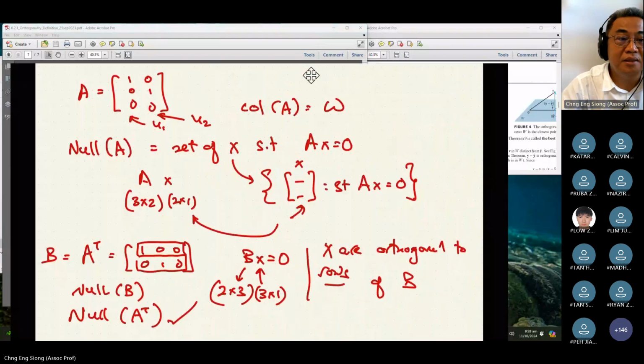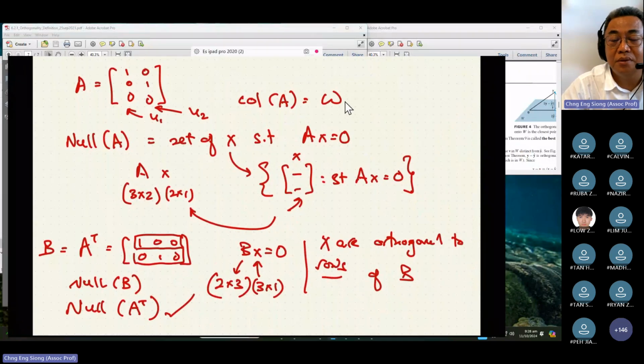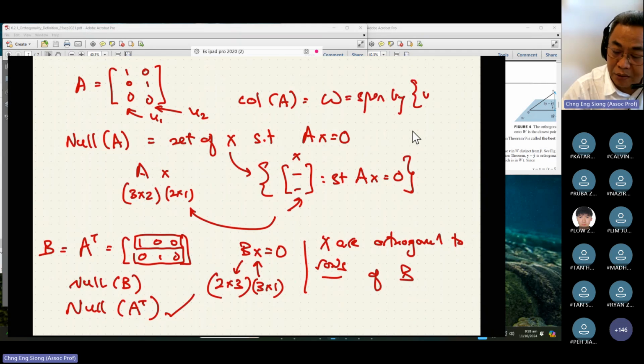Let's try. What is W? W is spanned by U1, U2. Agree? So I write it like this: W is spanned by these two. Now I put U1 and U2 as columns in A. What is the column space of A?